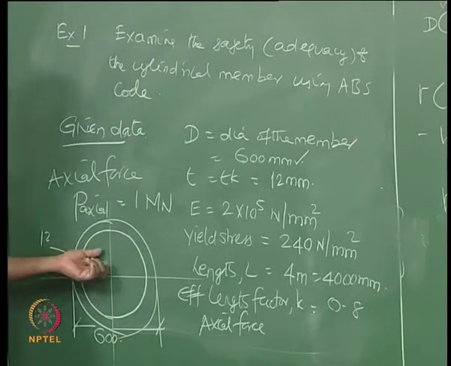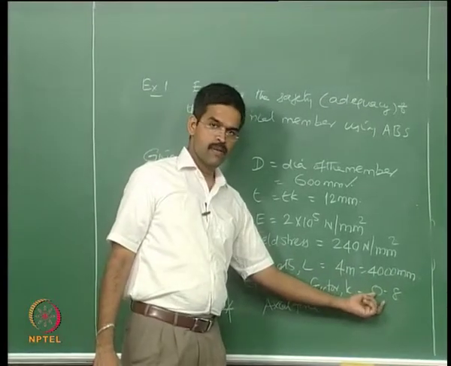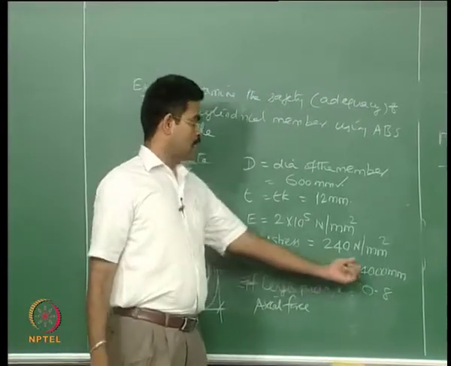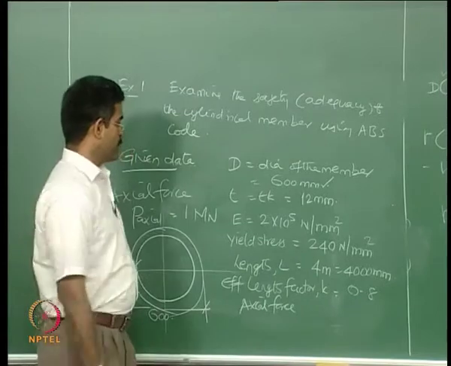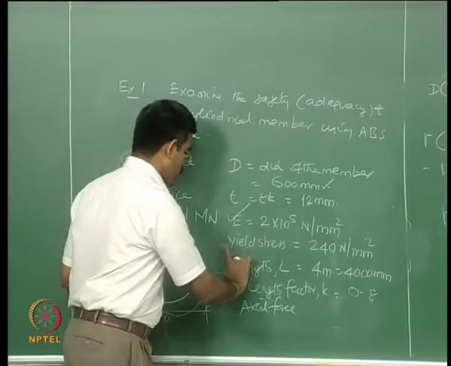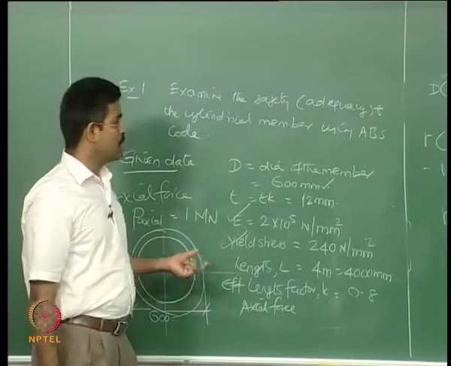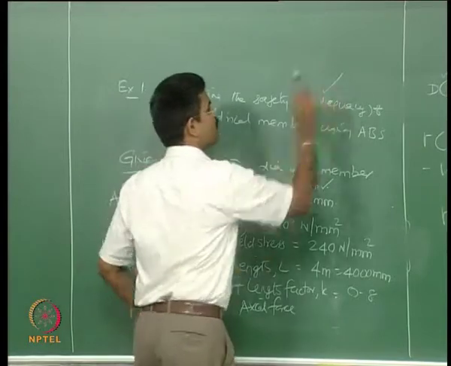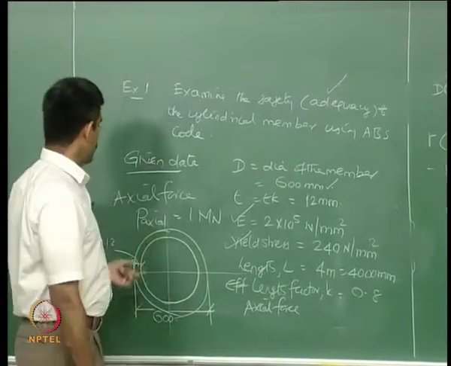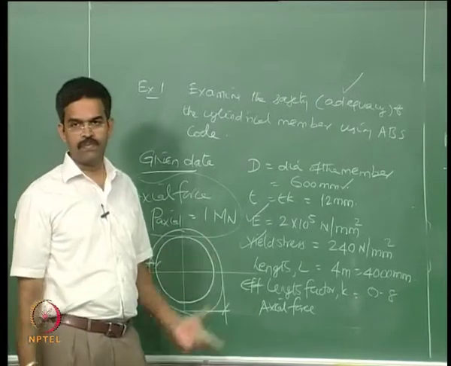The member is having effective length factor as 0.8 and the overall length is 4000 millimeters. The material characteristics in terms of Young's modulus and yield strength are known to me. I want to check whether the member is adequate to carry the axial compressive force of 1 meganewton.